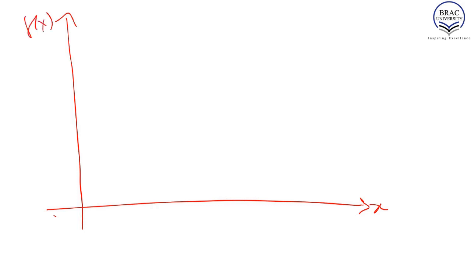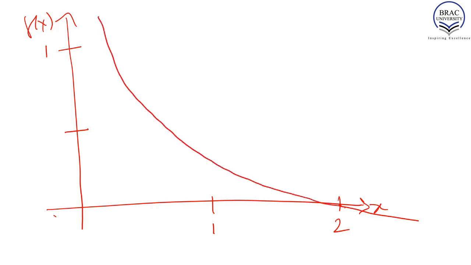Here is 1, so 1, 2. It will cross the x-axis at this point, so it will go this way. That is what the graph looks like. It is crossing the x-axis at this point. That is our x star.